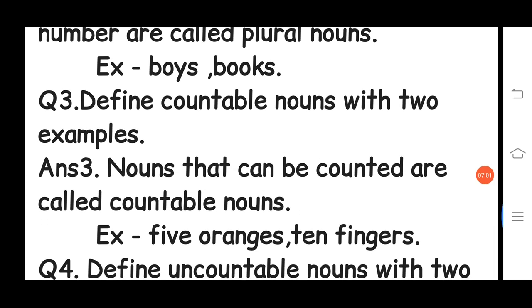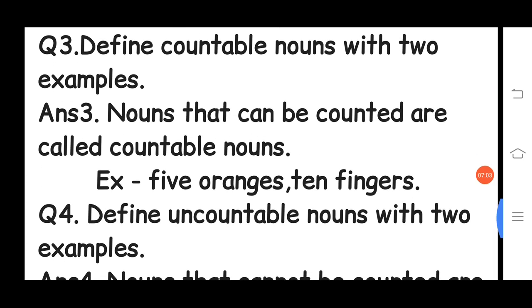Question 3, define countable nouns with 2 examples. Answer: nouns that can be counted are called countable nouns. Example: 5 oranges, 10 fingers.